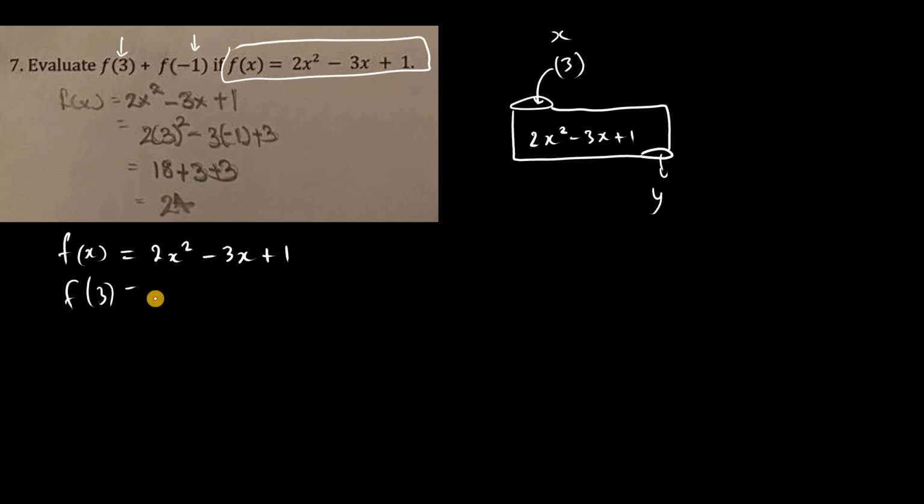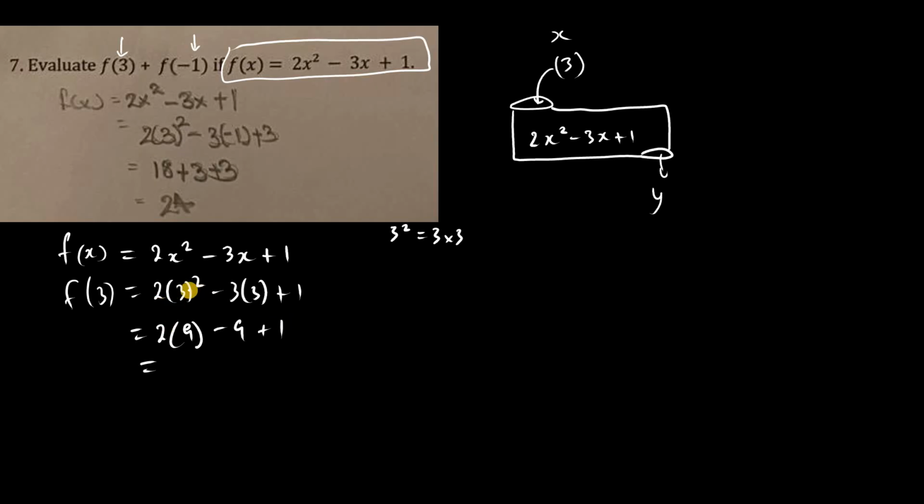Input 3, and this will give us the square of 3 is 9. Based on the order of operations, we want to do the powers before we do the multiplication. So the square of 3 literally means 3 times 3, which is 9. Here we have 3 times 3 again, which is 9.